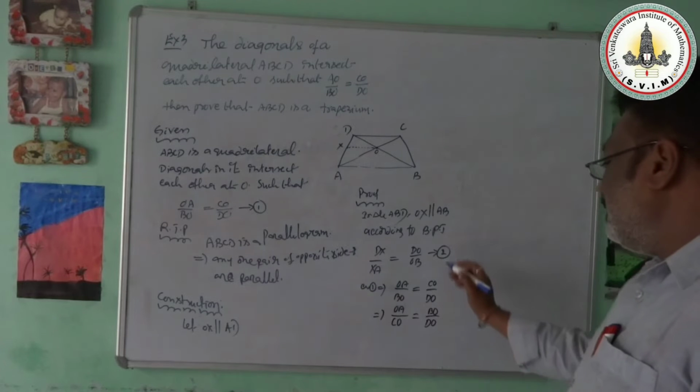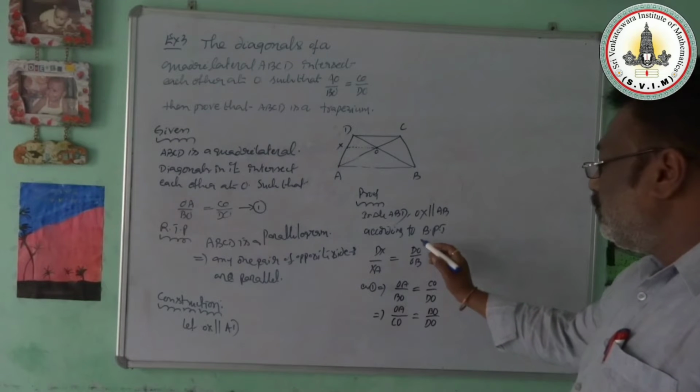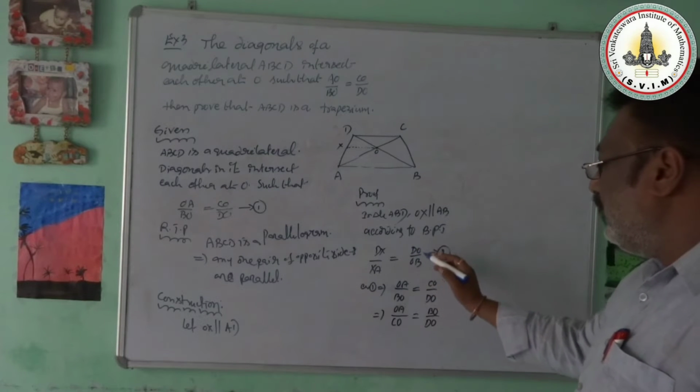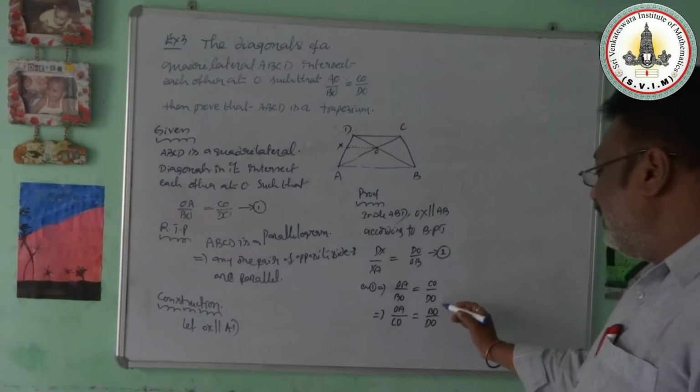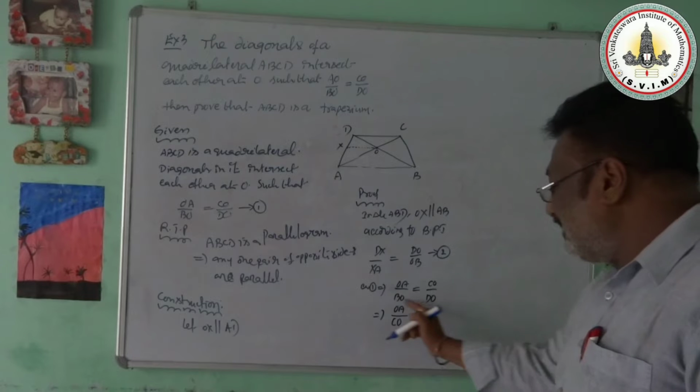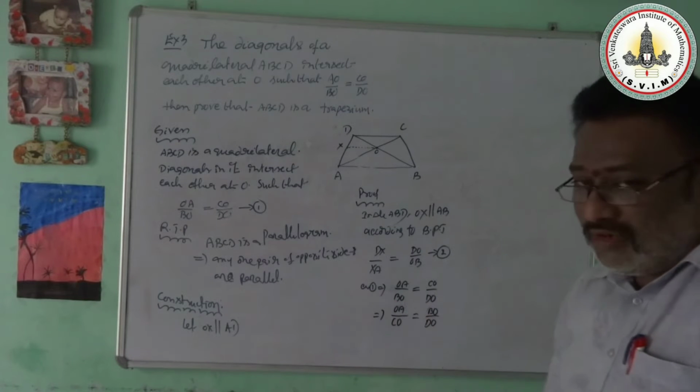Now listen to me. Actually in equation 2, what is the RHS part? DO by OB. So to get that DO by OB, for this equation we need to consider the reciprocals.